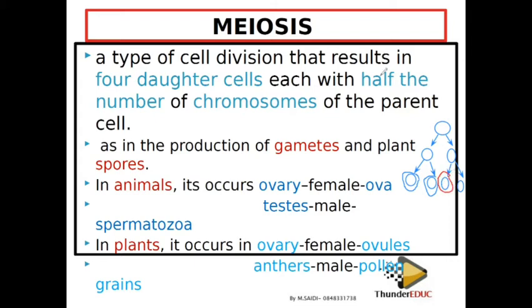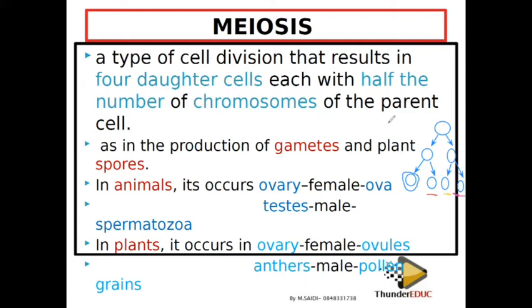Or let me rather do it like this, so that we can see it with colors. We draw it like this, and then we choose another color for the other one. This simply tells us that the genetic makeup of all these daughter cells is different, okay?